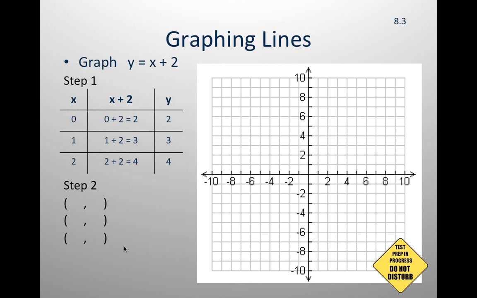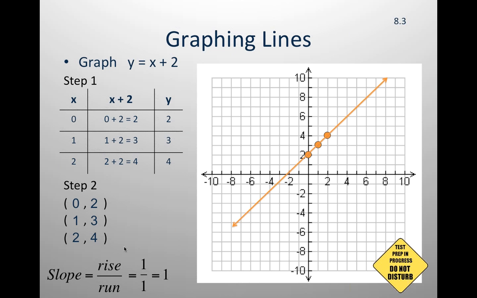Okay, so here's a problem here. In this problem, we'll simply choose 3 independent variables, 0, 1, and 2 for x, and then we'll solve for y by putting the x values into the equation and solving for y. And now we're ready. 0, 2, 1, 3, and 2, 4.